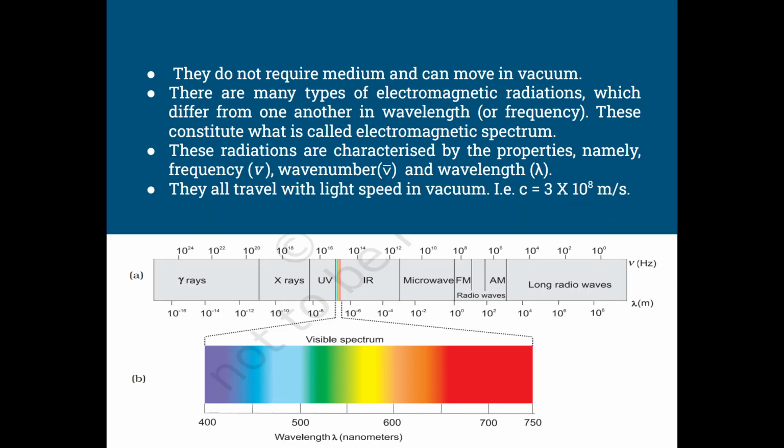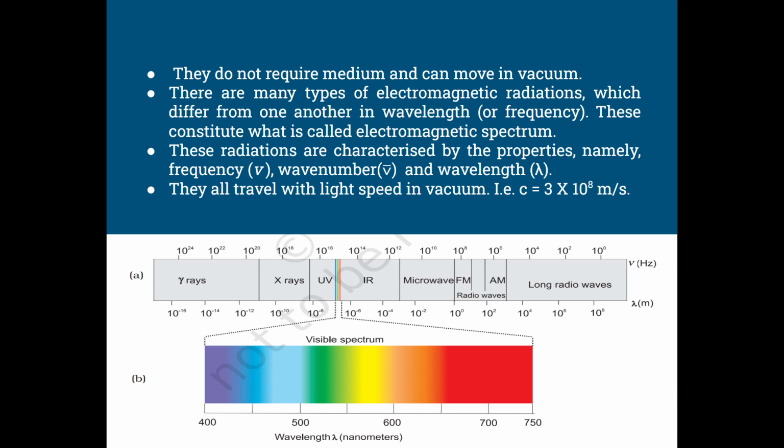Now, there are some properties which these electromagnetic radiations possess. A very important property is that they do not require any medium to travel in vacuum. No medium is required and they can travel through space or vacuum.